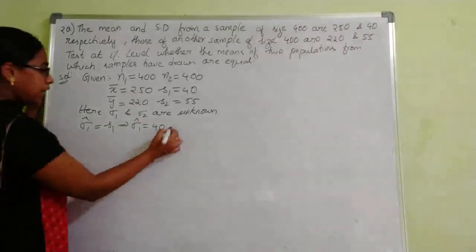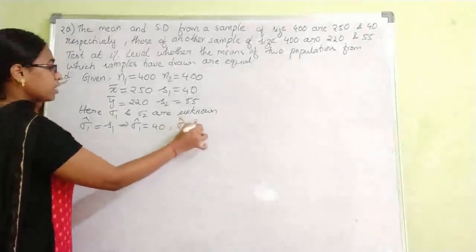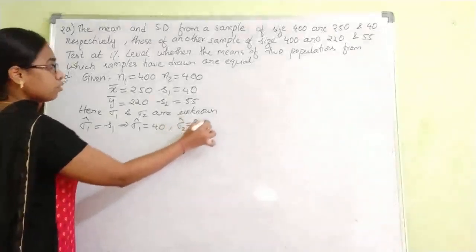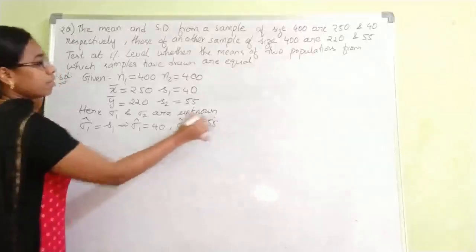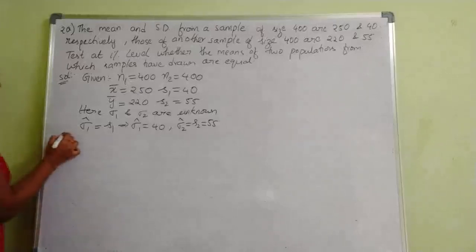And similarly, sigma 2 hat equals S2, which equals 55. So these are the estimated values of sigma 1 and sigma 2, that is 40 and 55 respectively. Now we will write the null and alternative hypothesis.